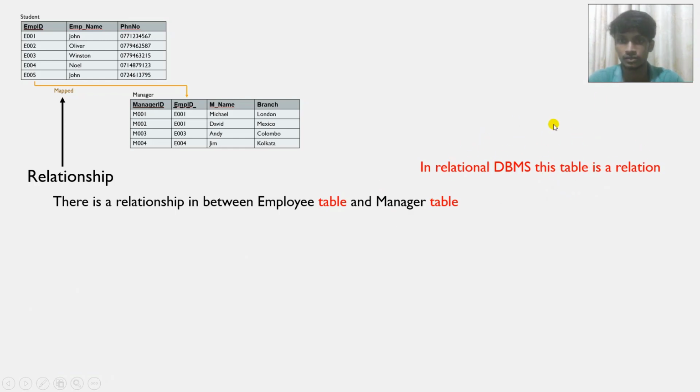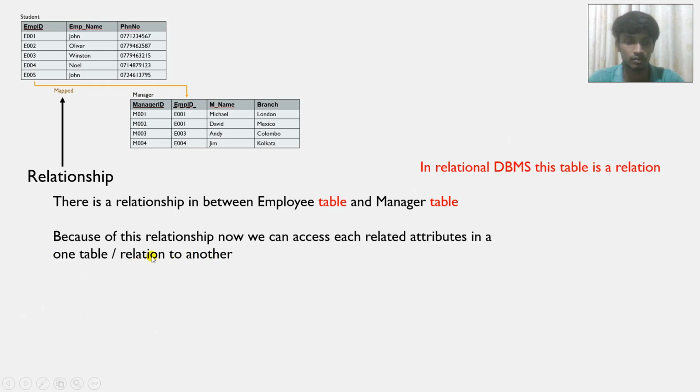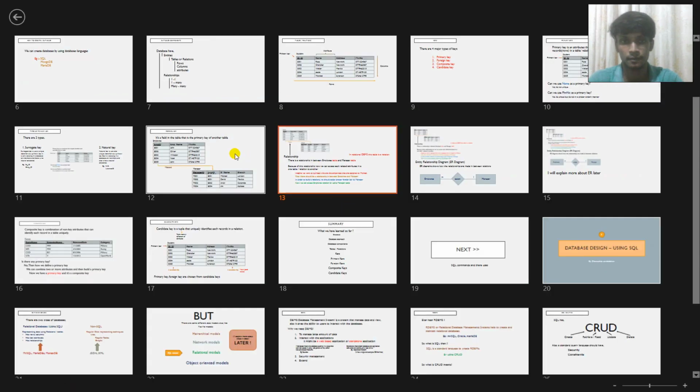I told this thing before. Okay, so the next point is, because of this relationship we can access each related attribute in one table or relation from another. So this is another important thing when it comes to databases.